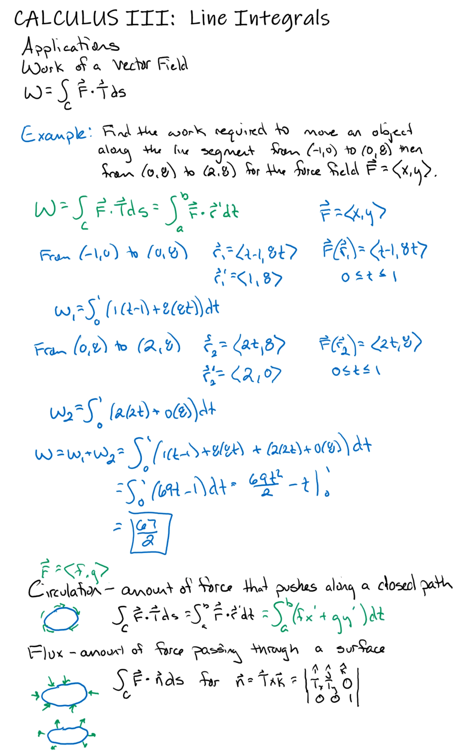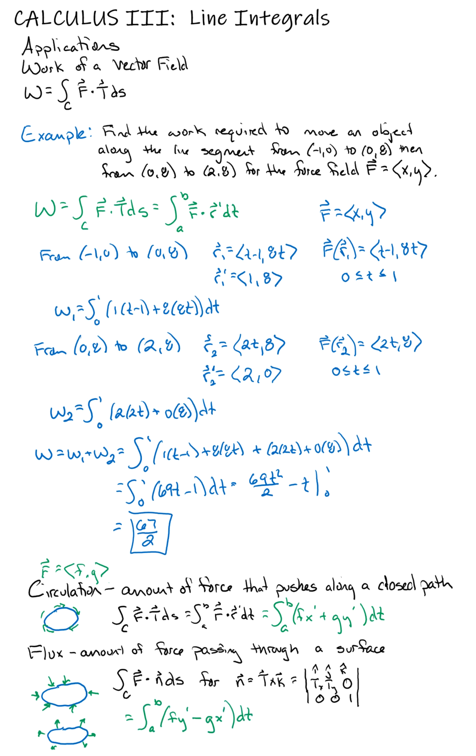However, for flux, if you look at how to compute this n value and then dot that with F, what you actually end up getting, and this is fascinating computationally, is the regular integral from a to b of F times y prime minus G times x prime dt.